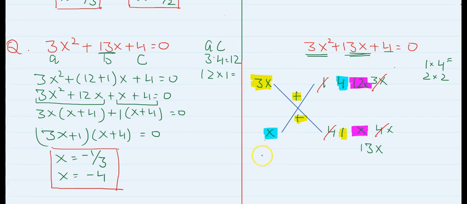So what we are going to write is 3x plus 1 and another factor will be x plus 4, that is 0. So if this is 0, x will be minus 1 over 3.